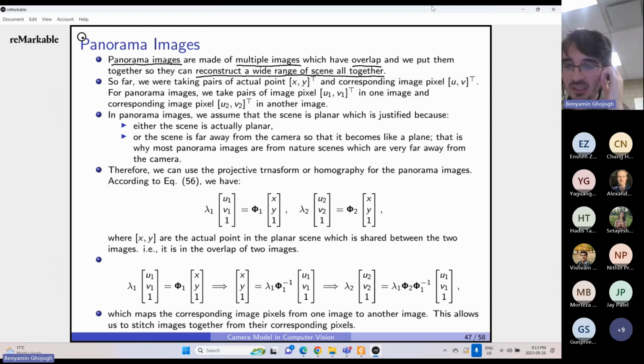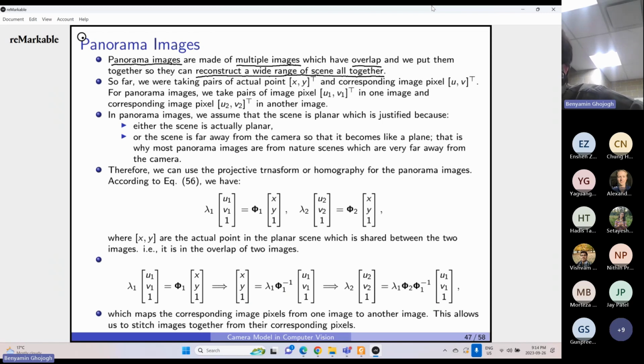How do they do that? They can't take it by one camera, right? They face the camera to the scene and take a picture, then move the camera a little bit and take the picture again, so the pictures have some overlap with each other, right? And then they stitch the images together, so we have a wide range image. So this is a panorama image.